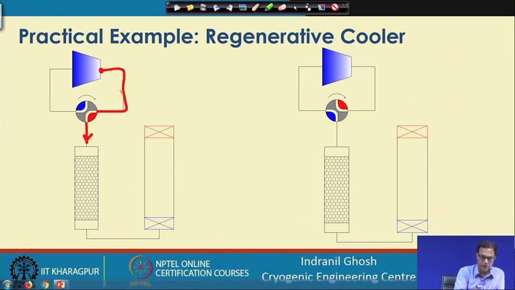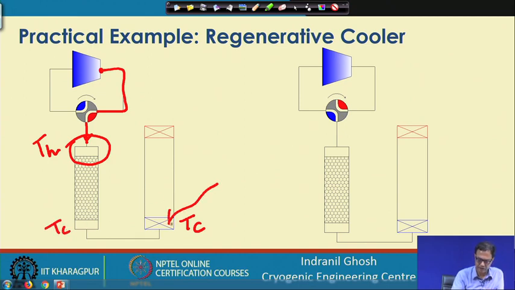In one cycle, this high pressure gas is at the hot temperature TH, and on the other side, in steady state operation, this is the cold side. Here we add the required refrigeration QC. Now the high pressure gas is flowing through the regenerator.